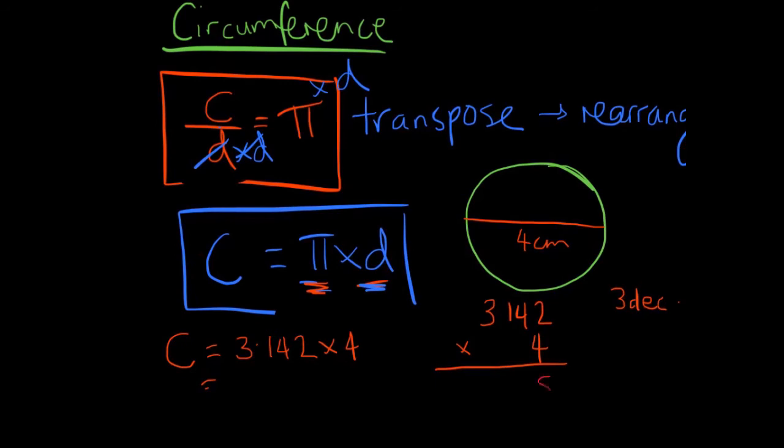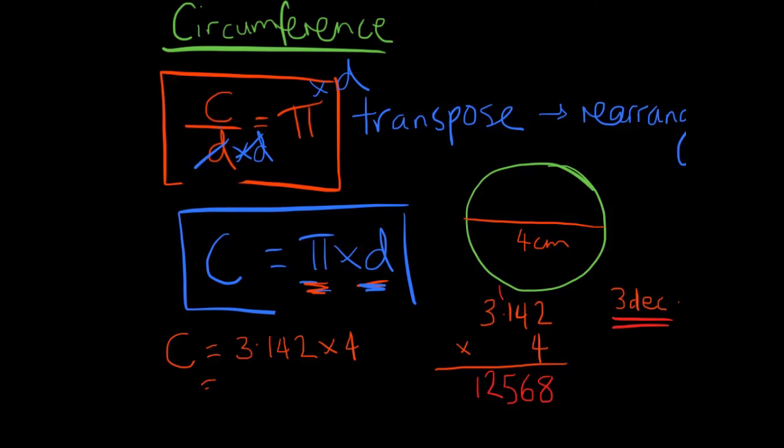So 4 2s are 8, 4 4s are 16, take the 6 down, carry the 1, 4 1s are 4, 4 plus 1 is 5, and 4 3s are 12. So we get 1 2 5 6 8.